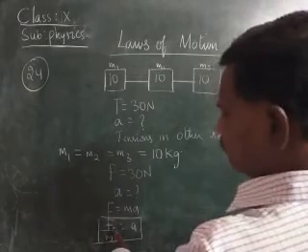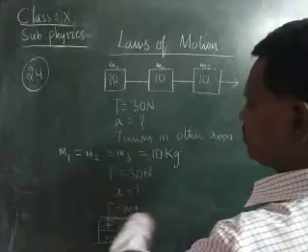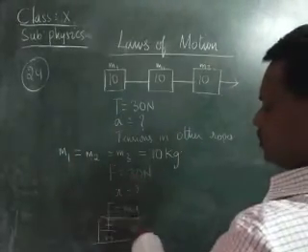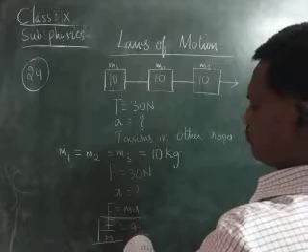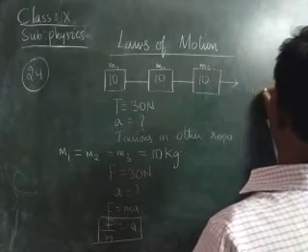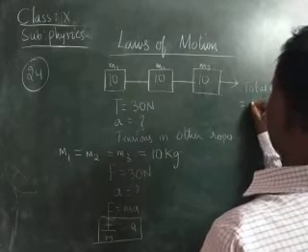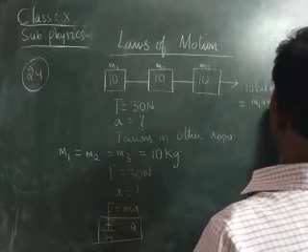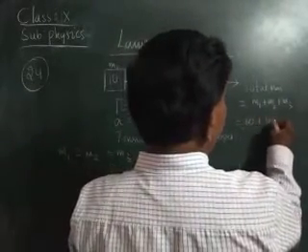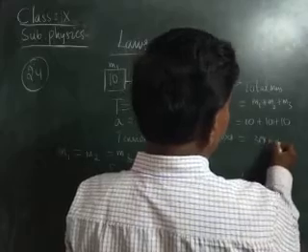But here the force is the total force acting on the body. Three masses, 30 newtons, children. Therefore the mass also should be the total mass, that is m1 plus m2 plus m3, which is 10 plus 10 plus 10, 30 kg.